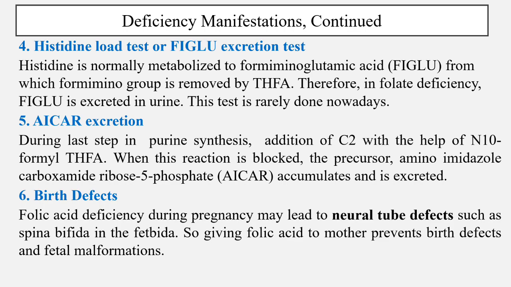Whenever tetrahydrofolic acid deficiency occurs, that C2 is not added to the purine ring. So when this reaction is blocked, the precursor amino imidazole carboxamide ribose 5 phosphate is increased, and that will be excreted in urine.